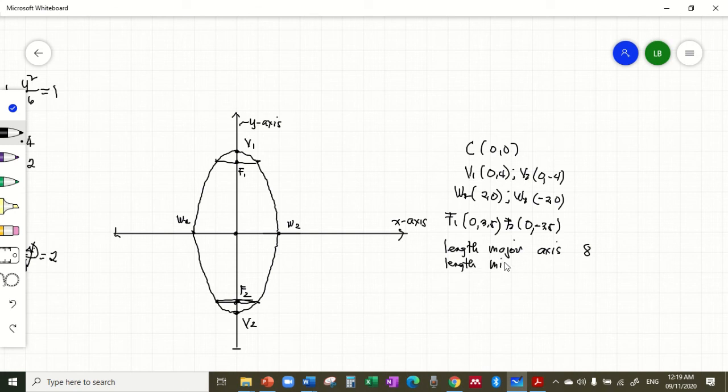The length of minor axis is 4. Focal distance is 3.5.